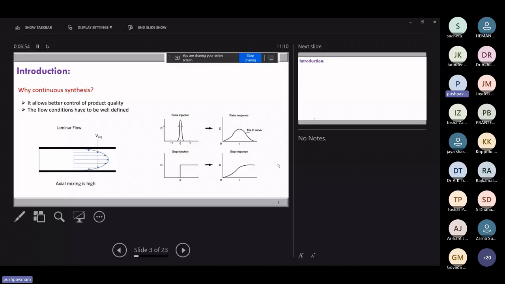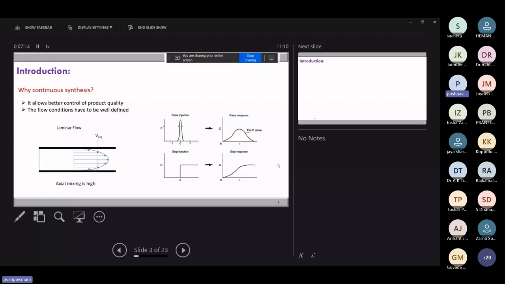And what comes out at the outlet is going to be spread out. So when I give a pulse input, which has a very narrow distribution, because of this dispersion, I get a very broad outlet distribution.